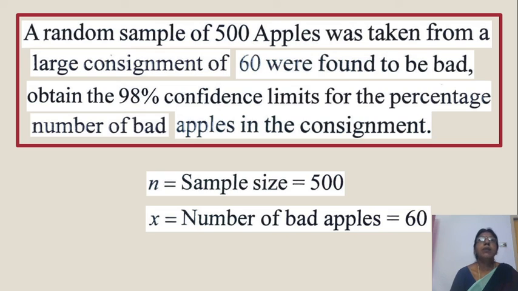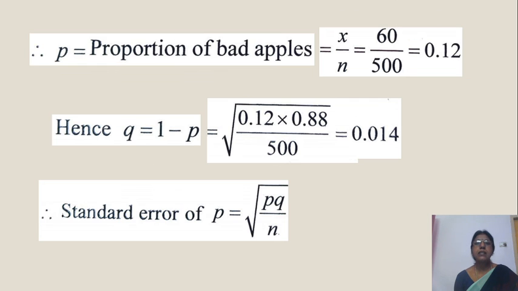The random sample of 500, so n is 500, no doubt. What is the x value? Bad apples, 60 out of 500. 60 are bad in condition. So what is P? P is x by n, 60 by 500, which is 0.12.